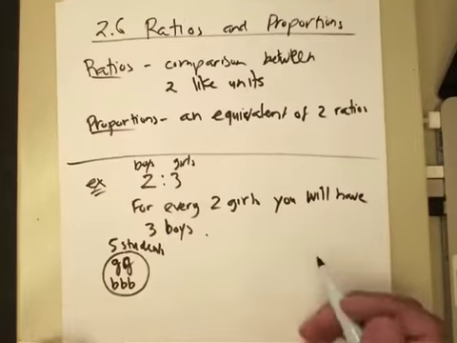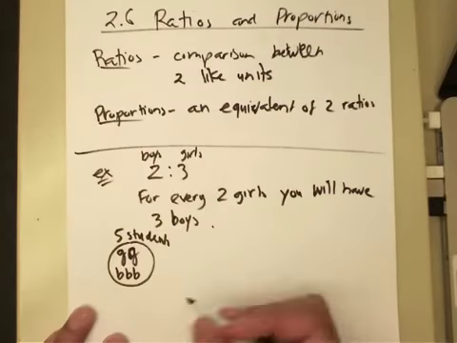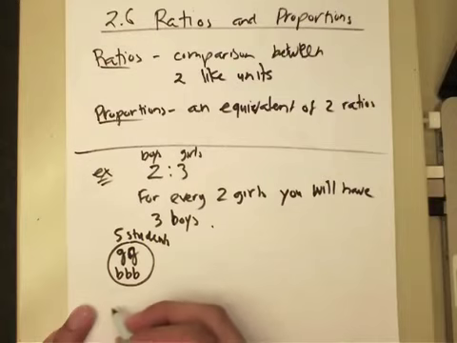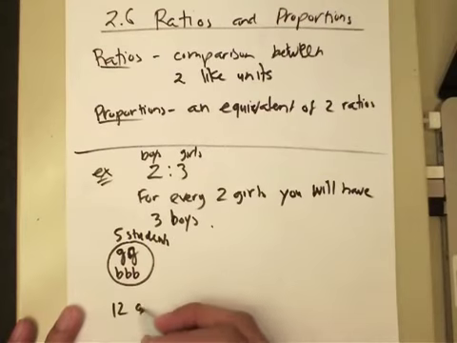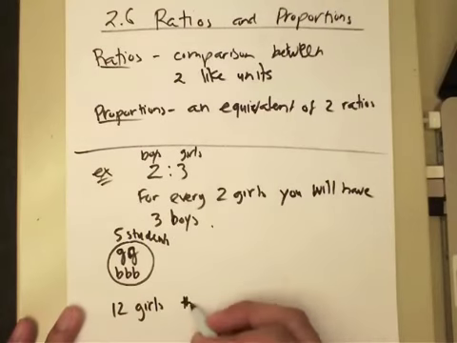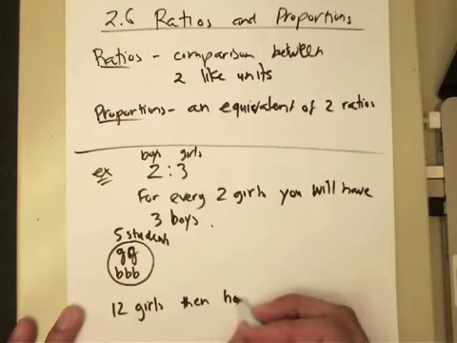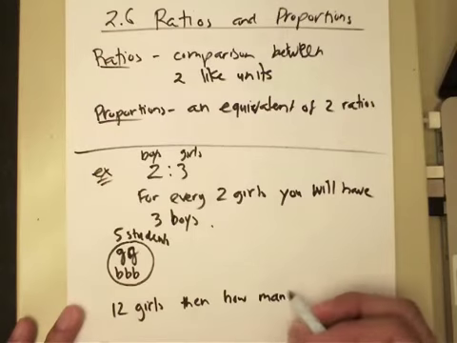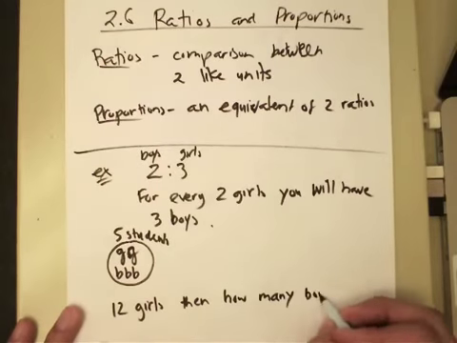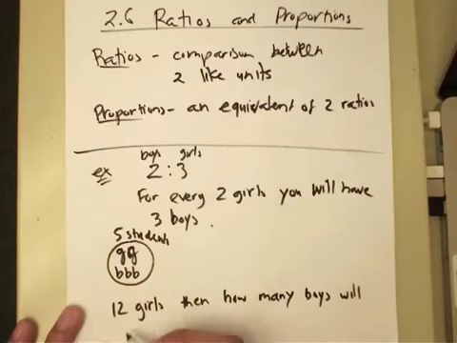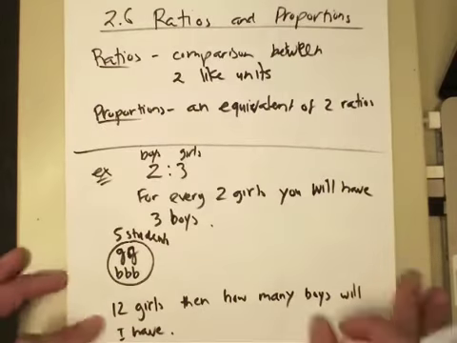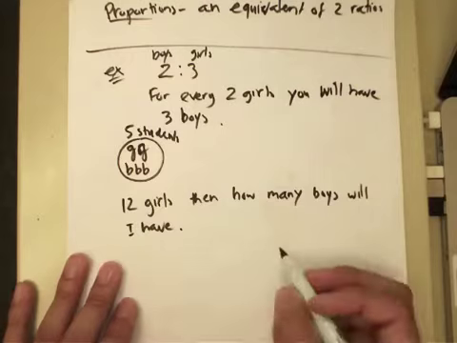So the question is, for instance, what if I have 12 girls, then how many boys will I have based on this ratio? To set this problem up, you just start writing either horizontally or vertically first.